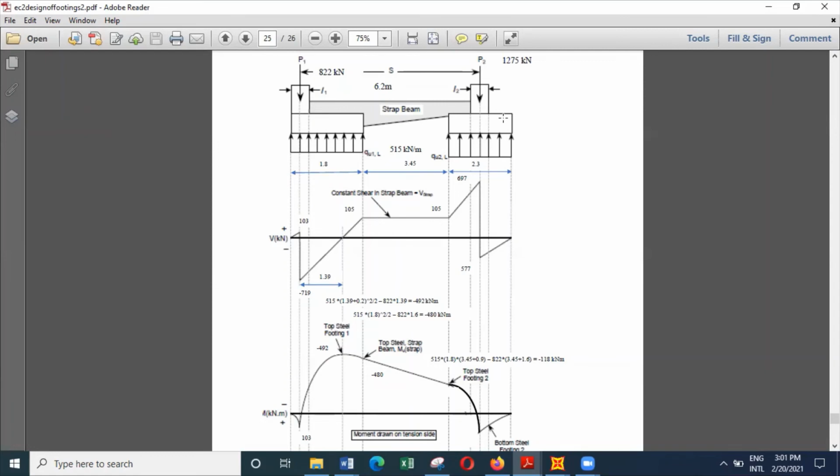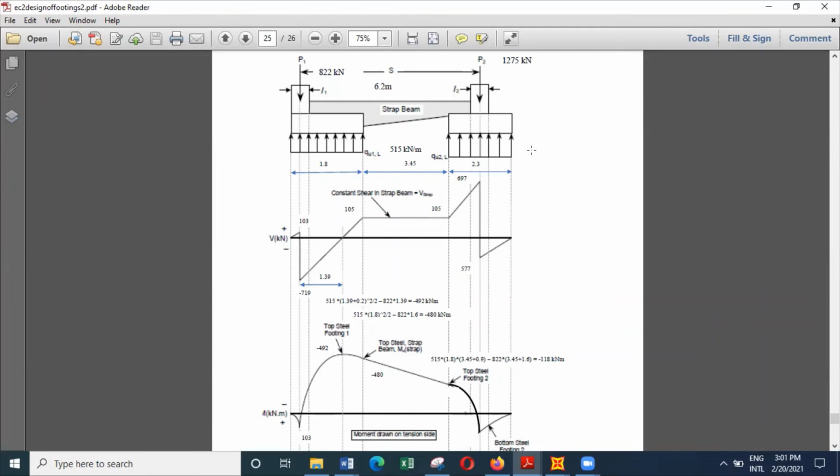Then you will find that the punching shear perimeter will come almost close to the perimeter of the footing. So punching shear may not be that critical, but you can also check punching shear within D to 2D to make sure this heavily loaded footing is safe in punching shear.